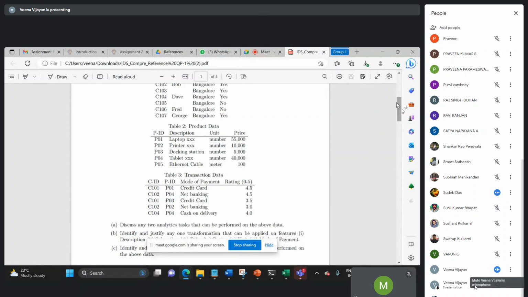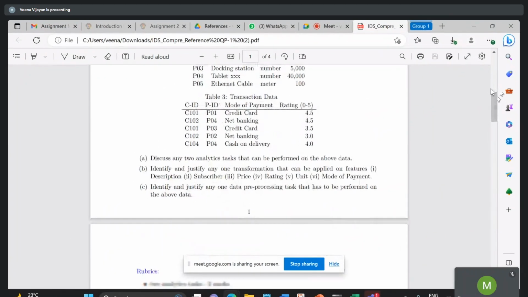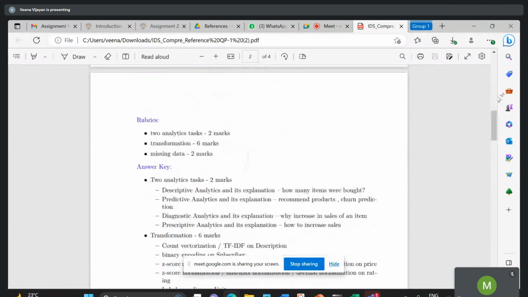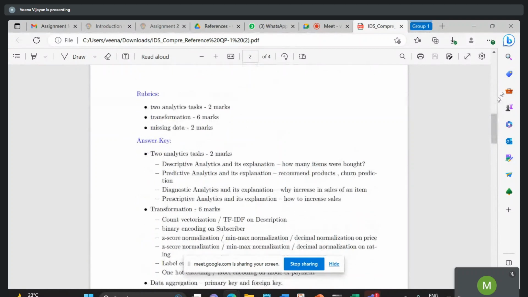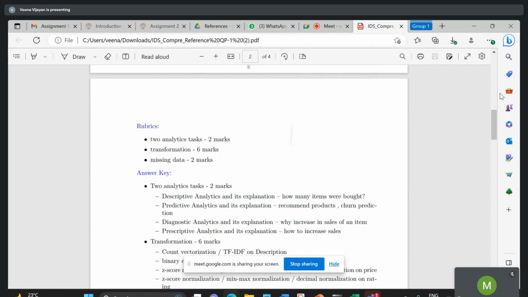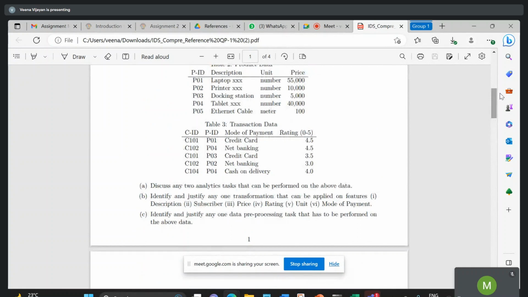From the rubrics they have given, we can choose any of it. If we write any task which can describe these, then we will get marks. We can choose descriptive, predictive, diagnostic, prescriptive, any of these four, but we need to put it in detail.